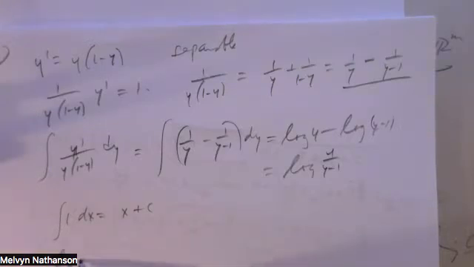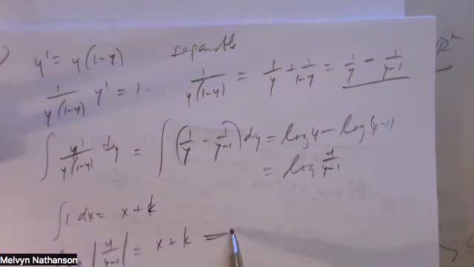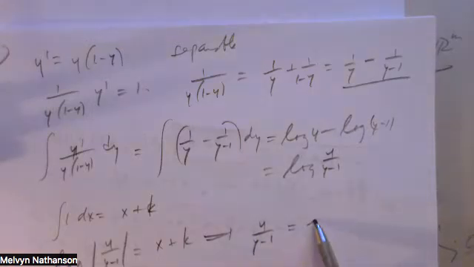So we get that the log of y over y minus 1 is x plus a constant k. So y over y minus 1 equals e to the x plus k. E to the k is like a constant c, c e to the x.